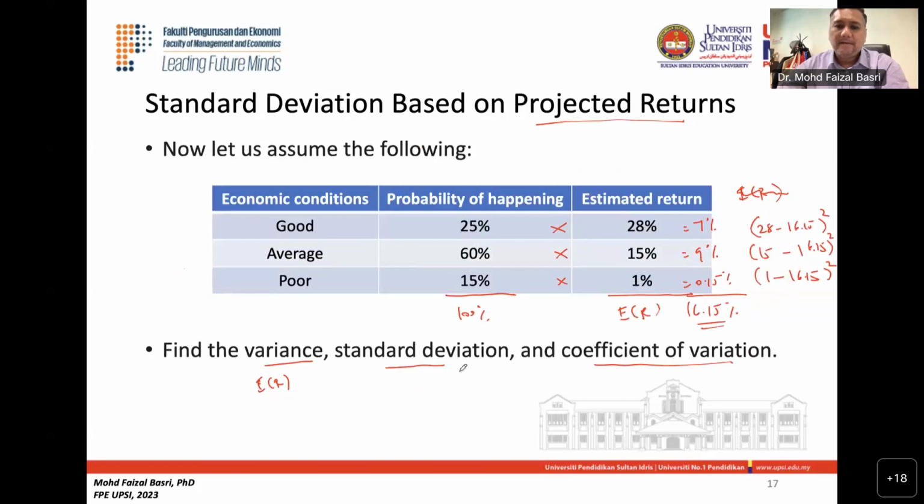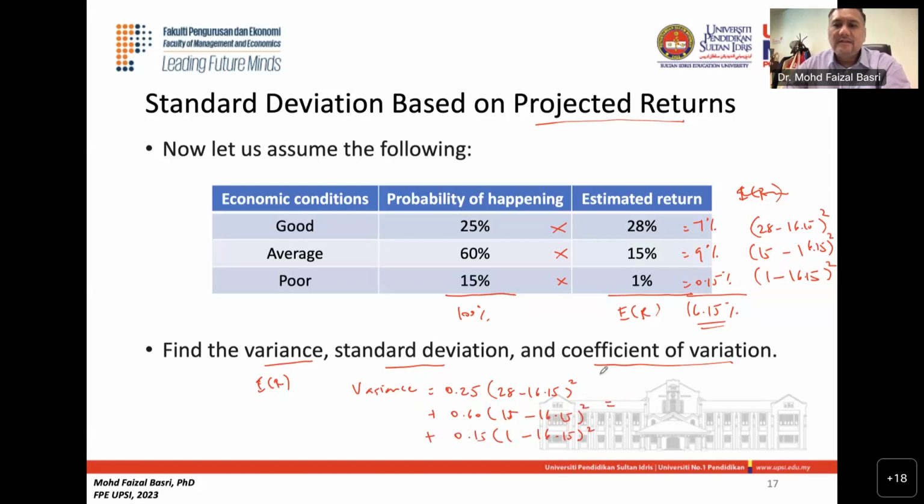So meaning, if I put the variance calculation here, I put 0.25 times 28 minus 16.15 squared, plus 0.6 times 15 minus 16.15 squared, and then add the last one, 0.15 times 1 minus 16.15 squared.